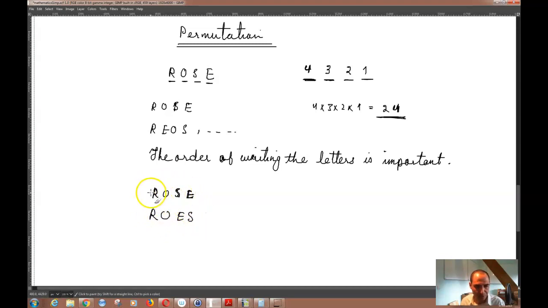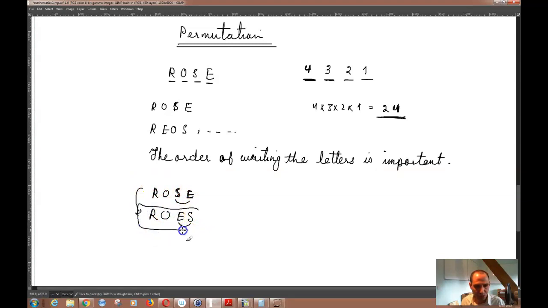The only difference between the two words is that in the last two letters you have S and E over here, and to get to this one you have switched these two. But of course these are treated differently.